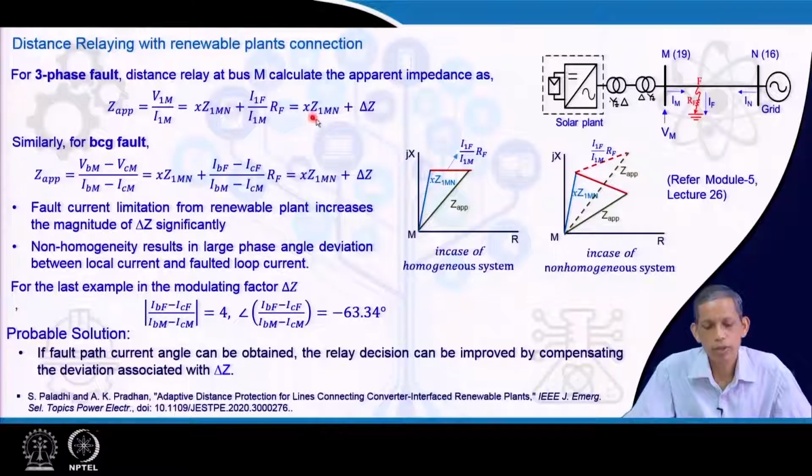So, this equals x Z1mn plus delta Z. This is what you have learned in the distance relay derivation of equations. Delta Z corresponds to the modulating part.